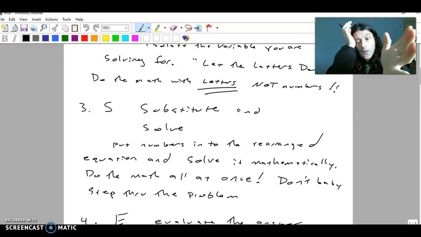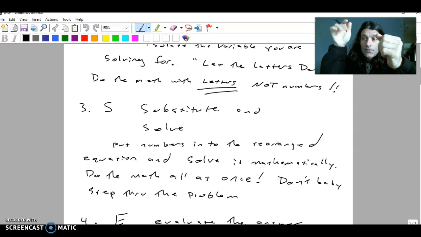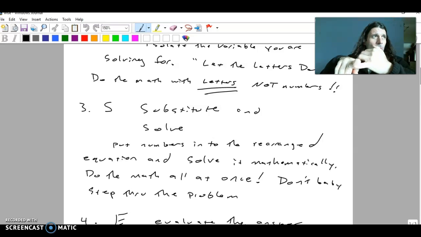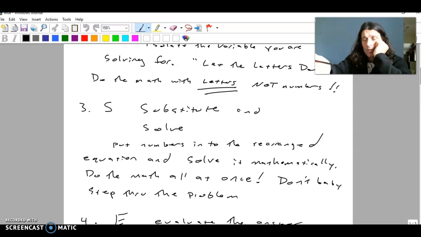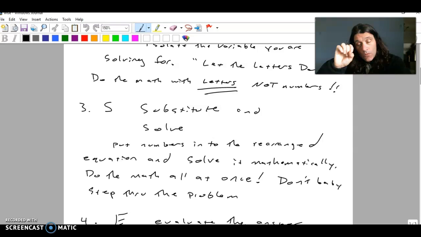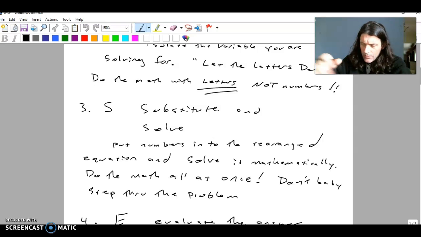The S also has 2 parts to it: substitute and solve. And you know, substitute means put something where something else used to be. This is where you will put numbers into the equation. Once you've rearranged everything, got it to the version of the formula you need, now put numbers where letters used to be.